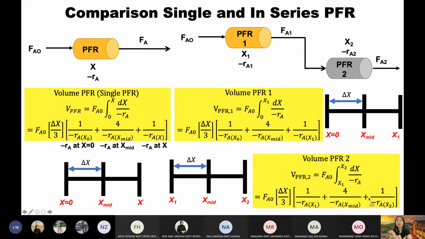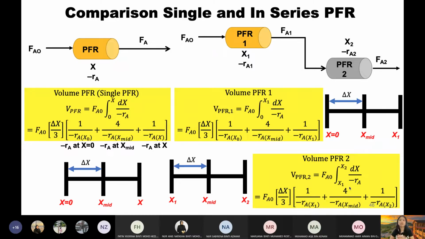Okay, I go to the back now. Then I explain the middle. The back becomes 1 per minus RA at your upper limit, which is X2. And the middle becomes 4 per minus RA at your middle X. So now, which is the middle X? Middle X is the middle between X1 and X2. For example, say your X1 is 0.6 and X2 is 0.8. It means the second data converts from 0.6 to 0.8, 60% to 80%.